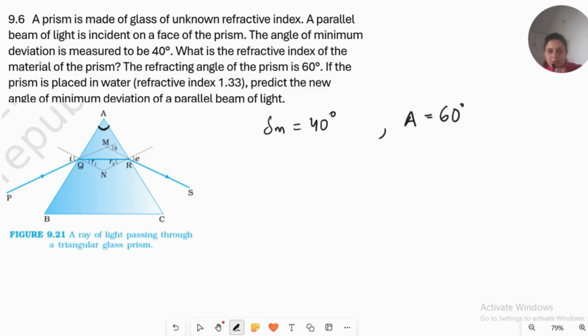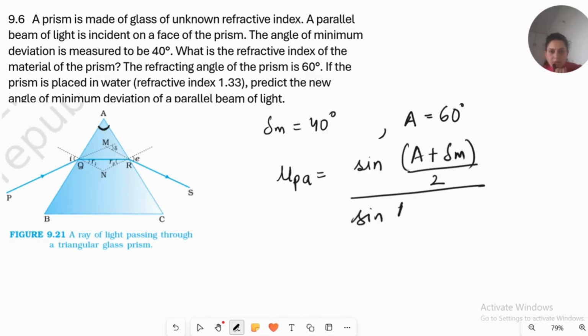So we know that to find the refractive index of the prism, mu p, with respect to air, we have the formula: sine of (A plus delta m) whole divided by 2, divided by sine of A divided by 2.